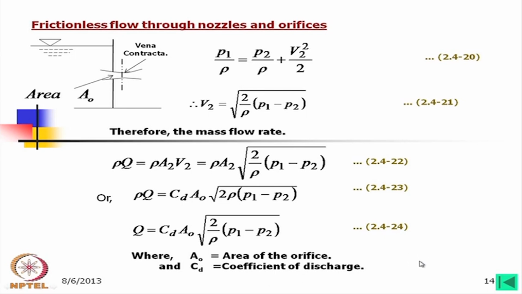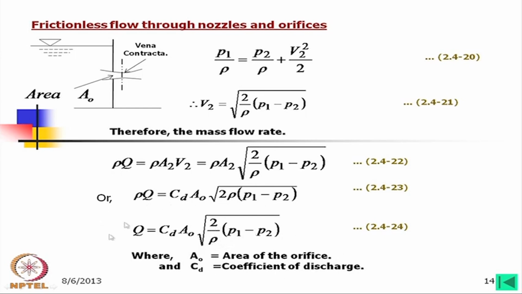Also, care is taken in making the orifice. There are various types of orifice in fluid power components, starting from a circular hole to a variable area, but care is taken so that Cd more or less remains constant. The final equation here, 2.4.24, is Q equal to Cd A0 square root of 2 by rho (P1 minus P2).